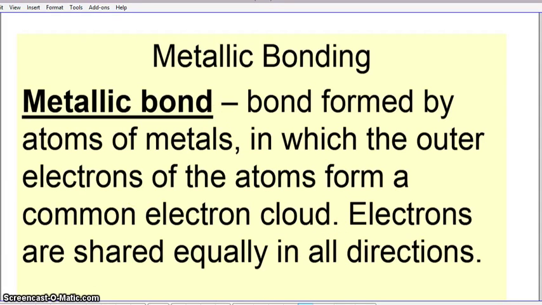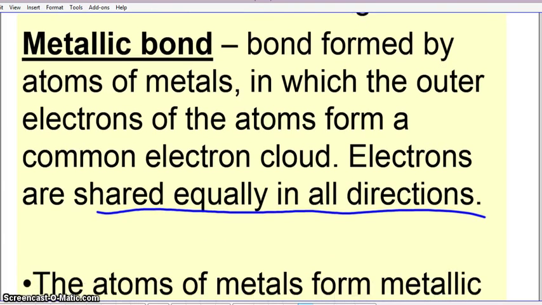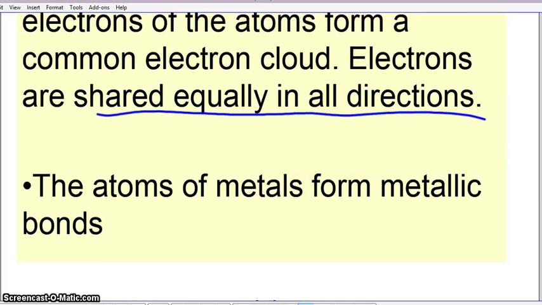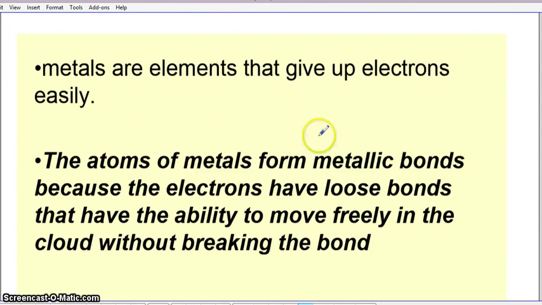They're shared equally in all directions because everybody's together. Metals are elements that give up electrons easily, and the atoms of metals form metallic bonds because they're so free and loose, man.